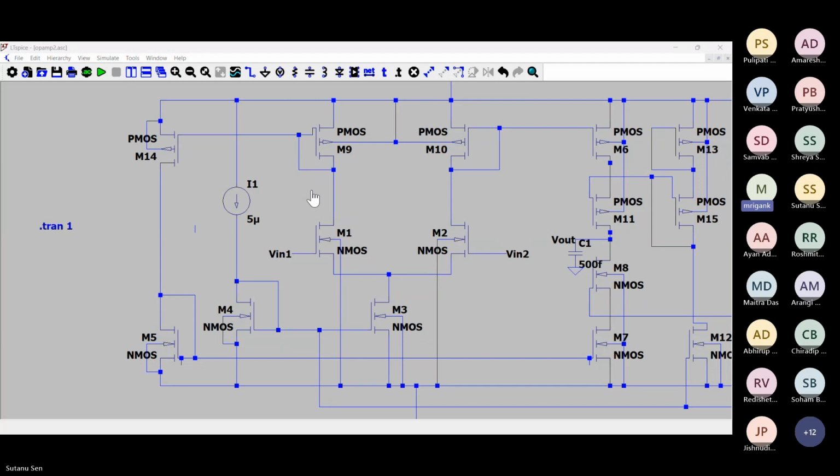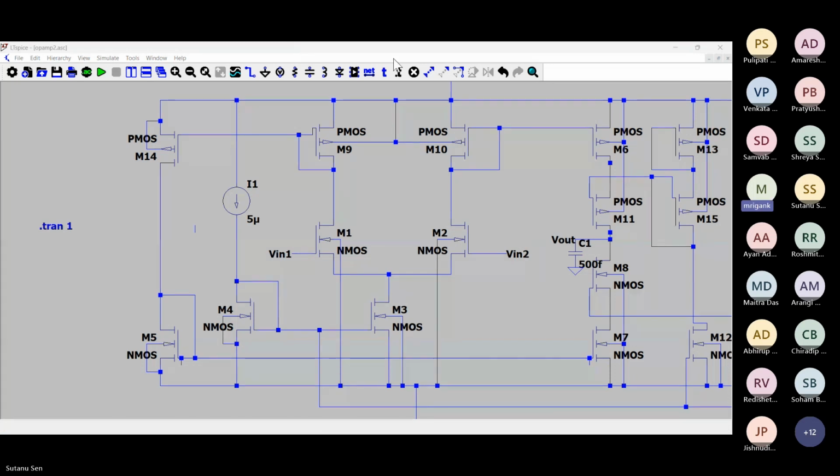So the loading effect faced by M14 is very different, and loading effect faced by M6 is very different. And as a result, from a DC point of view, if I calculate the DC currents in M6 and M14, the DC currents are coming similar, because right now we are forcing the output to be somewhere midway. We are changing the input DC condition so that the DC currents are somewhere midway.